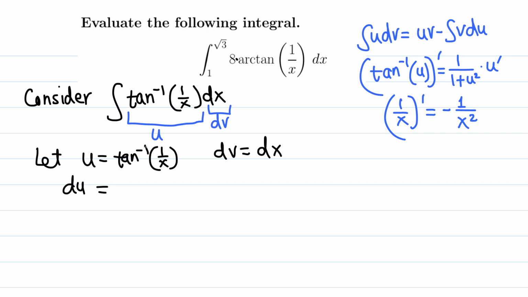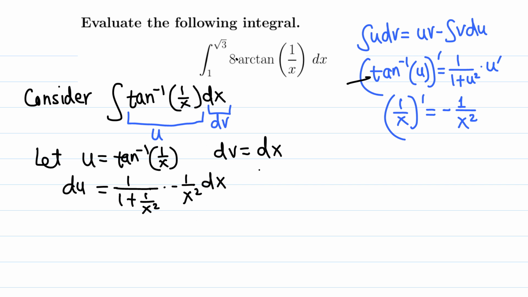The derivative of tangent inverse of some function is 1 over 1 plus (1 over x) quantity squared, which is 1 over x squared, times the derivative of the inside function, that is -1 over x squared, dx.